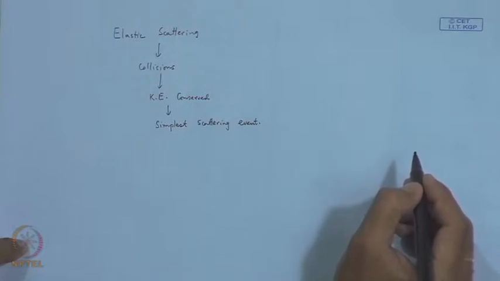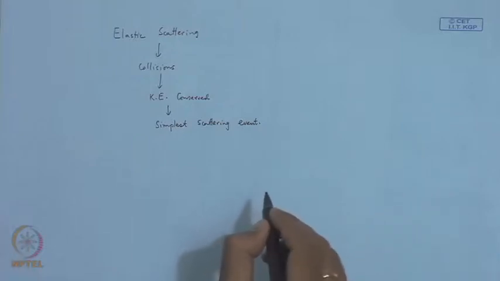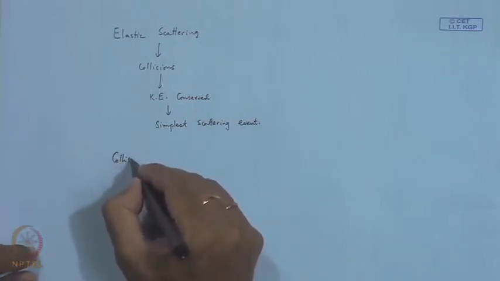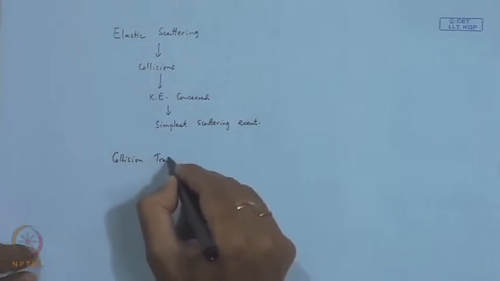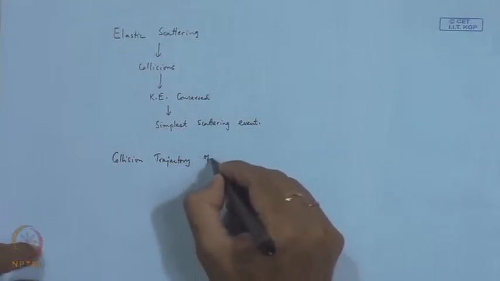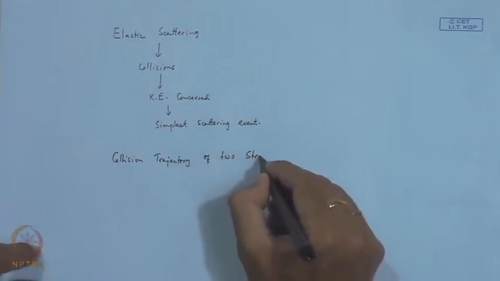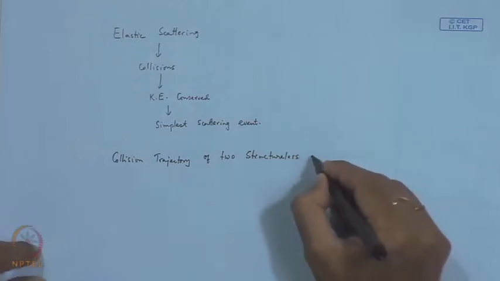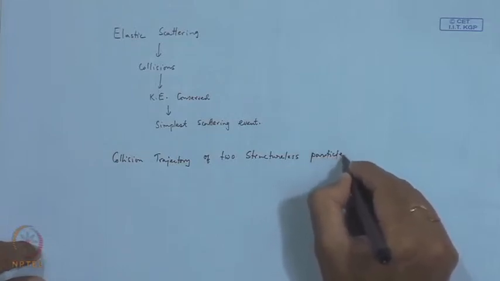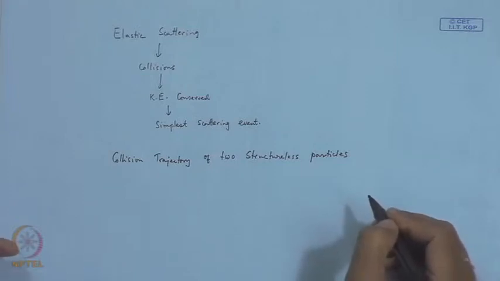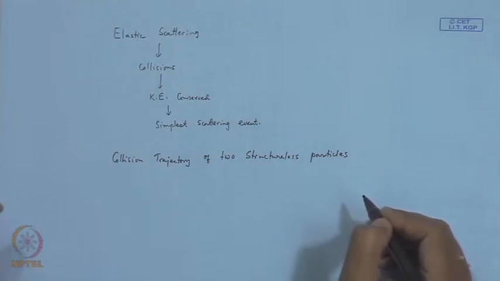Let us look into the collision trajectory of two structureless particles, that is, they undergo collision. And total angular momentum is also conserved.